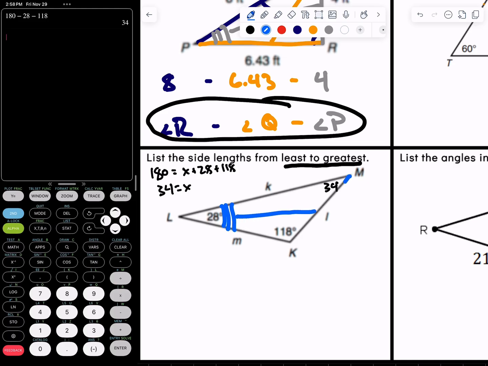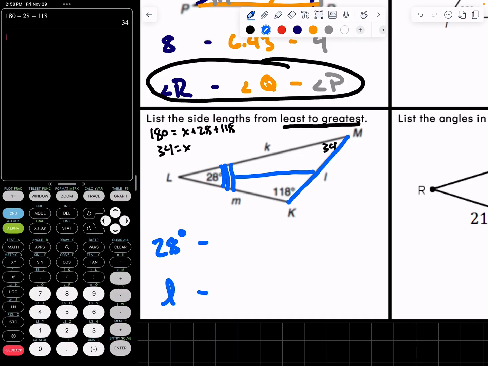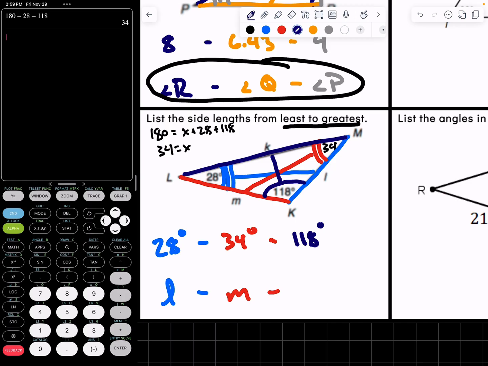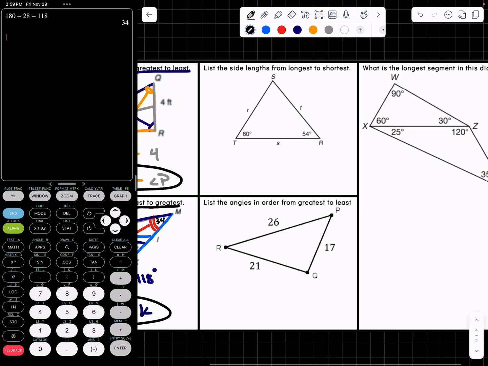That's going to be across from side L. So 28 degrees goes across from side L. My second largest angle goes across from side M. So 34 degrees goes across from M. And then my final side and angle, 118, goes across from K. So LMK would be the correct order from least to greatest.